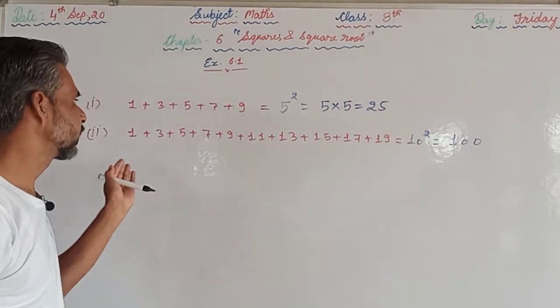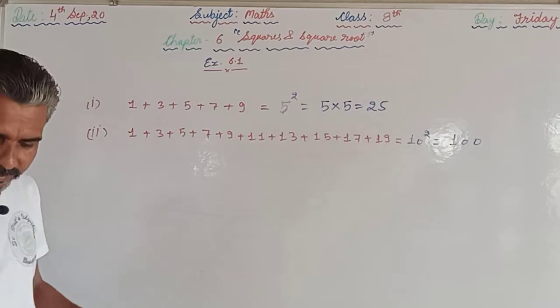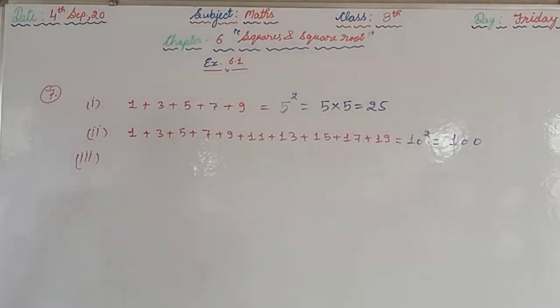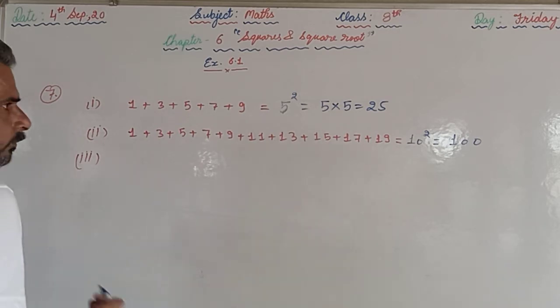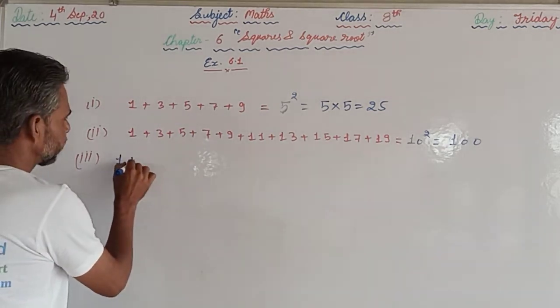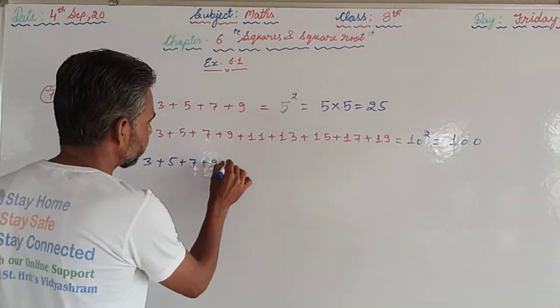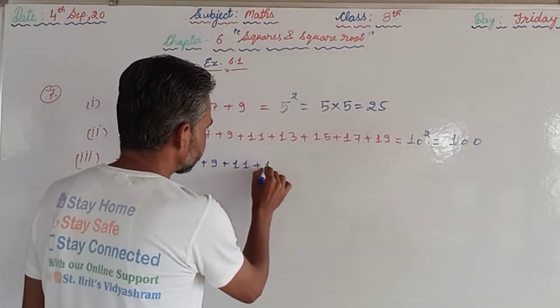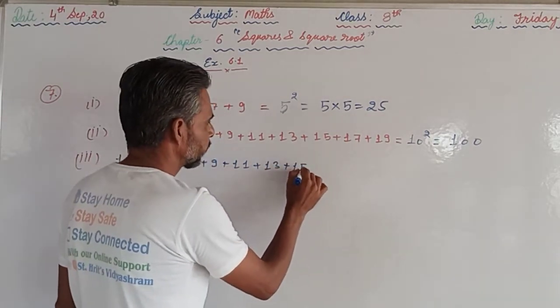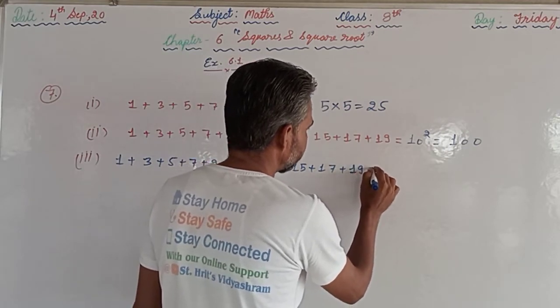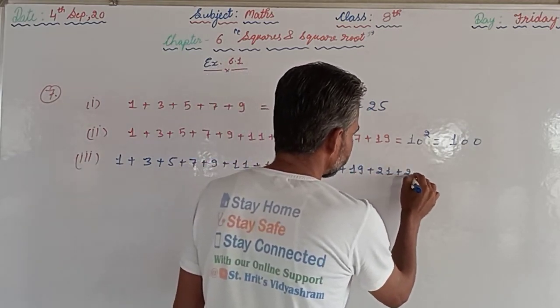We can easily verify, we can add them and check whether our answer is correct or not. At the same time, in the third one we are supposed to add up to 23. Up to 23 means 1 plus 3 plus 5 plus 7 plus 9 plus 11 plus 13 plus 15 plus 17 plus 19 plus 21 plus 23.